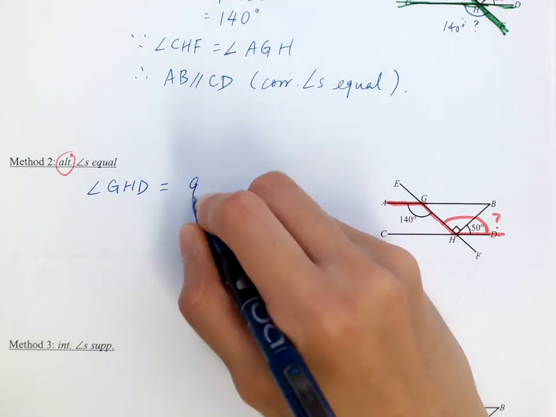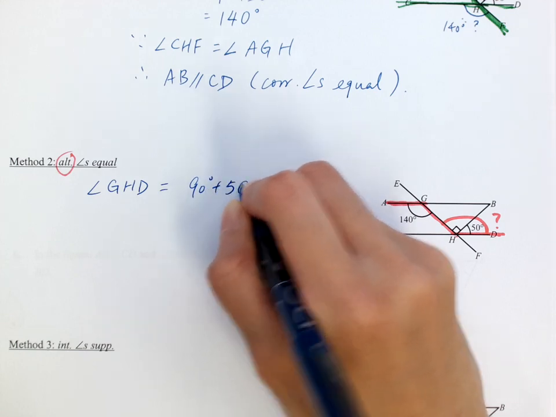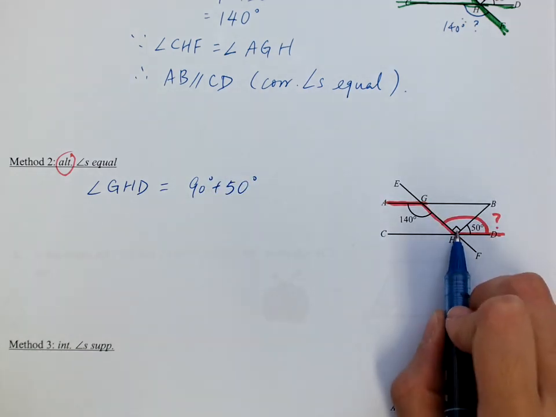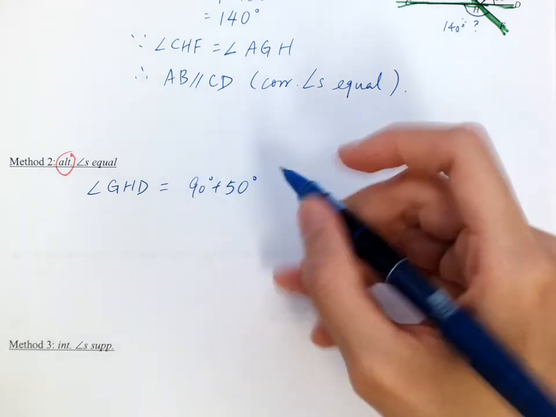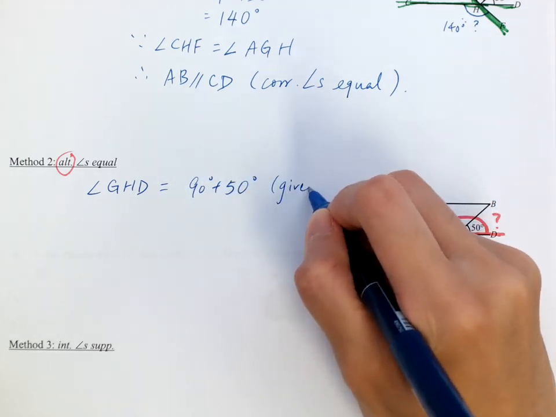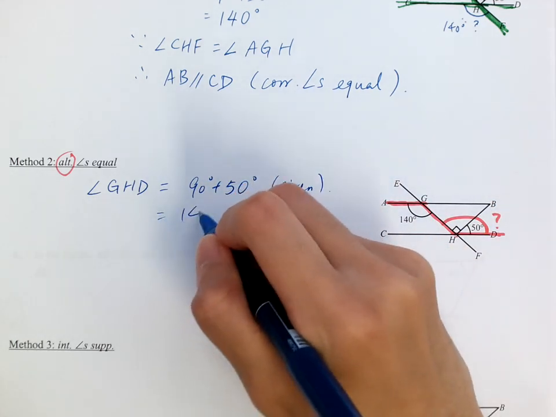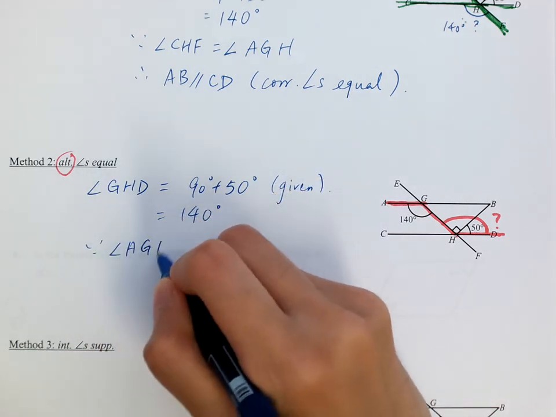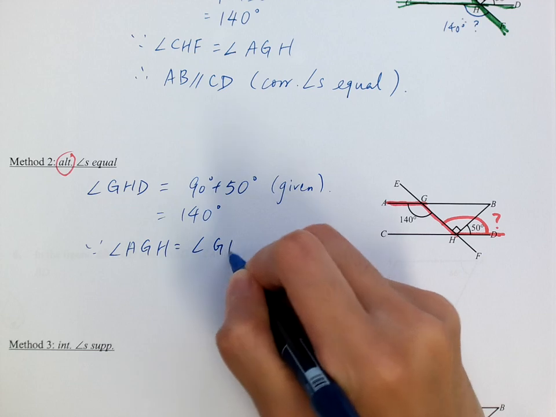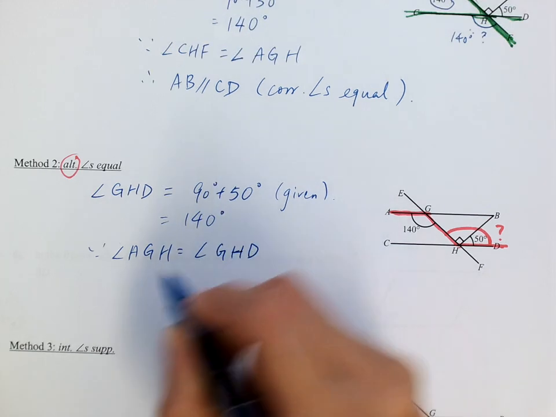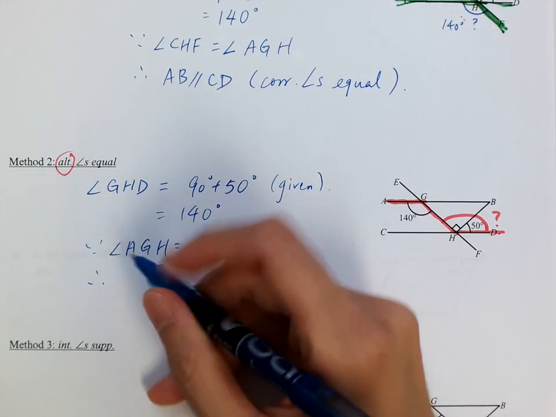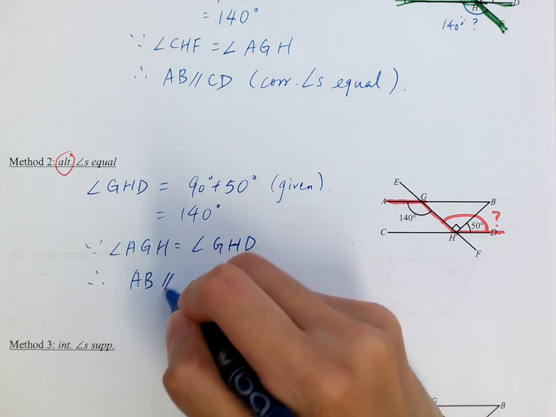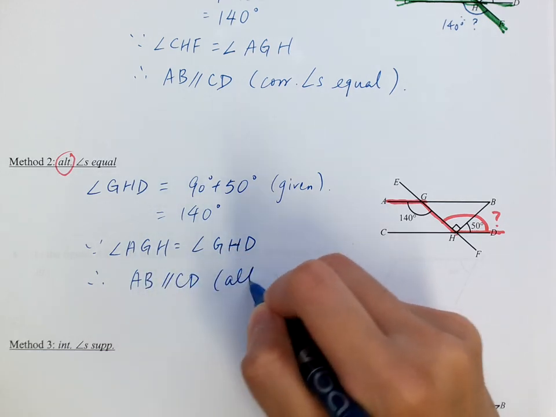Okay, that's great. Angle GHD is given as 90 plus 50. You can write down given as your reason. Because AGH is equal to GHD, and these two are a pair of alternate angles, the lines should be parallel.